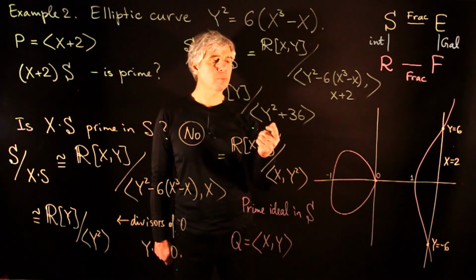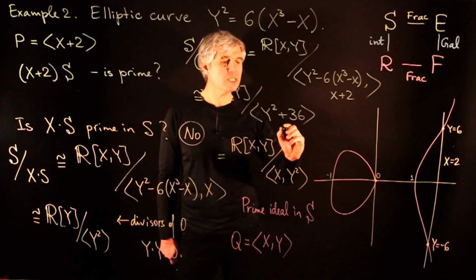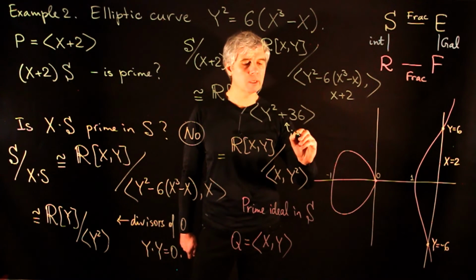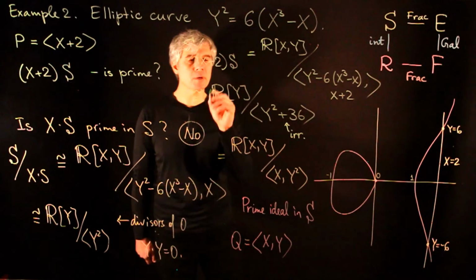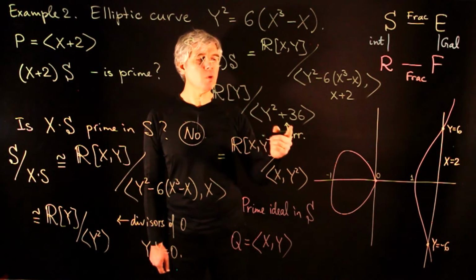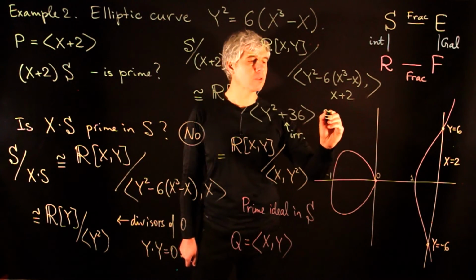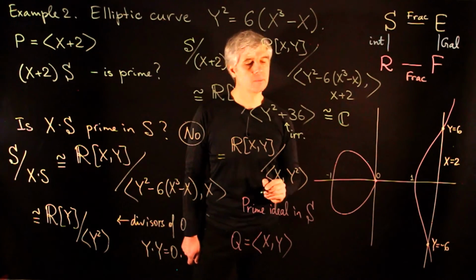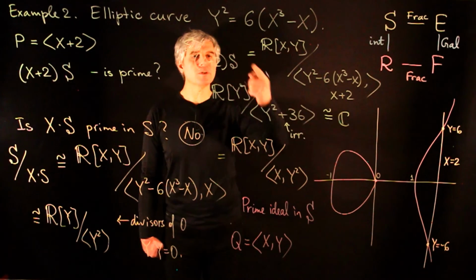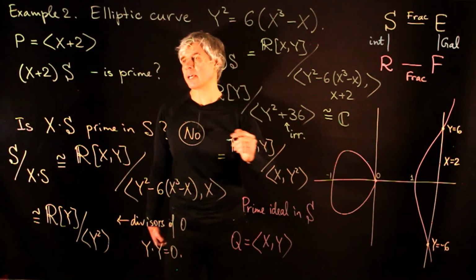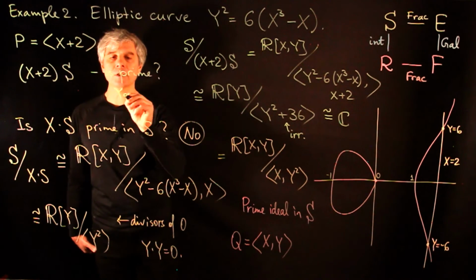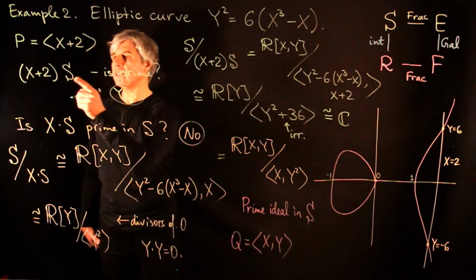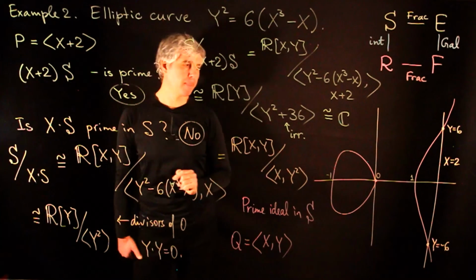And we see that the polynomial y squared plus 36 is irreducible in the ring of polynomials with real coefficients. And this quotient is isomorphic to the field of complex numbers. So this means that we have no divisors of 0 in this quotient, and the answer here is positive, that this principal ideal is indeed prime.